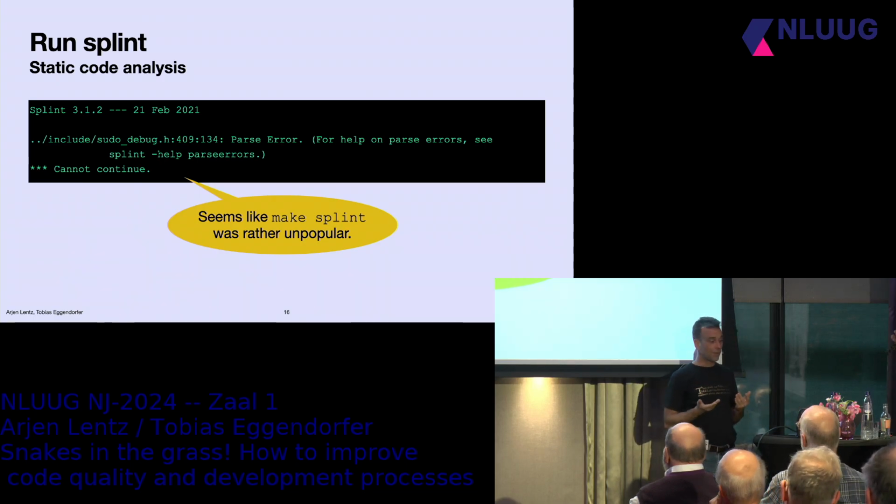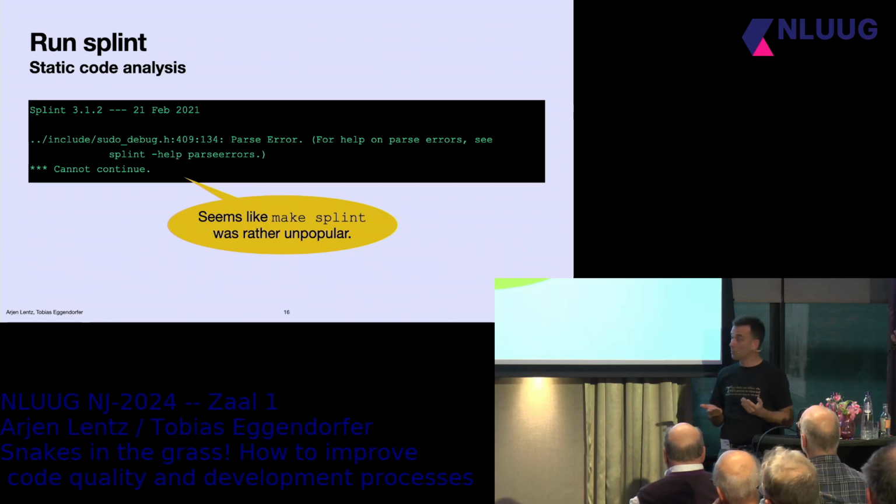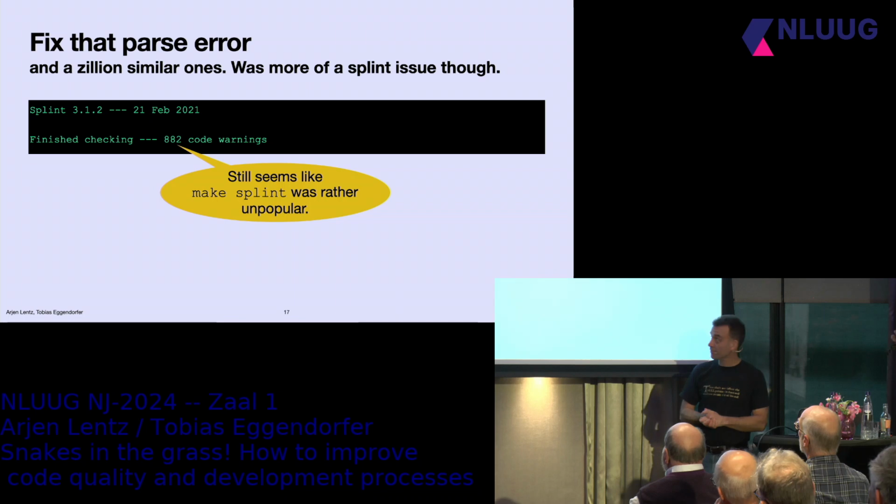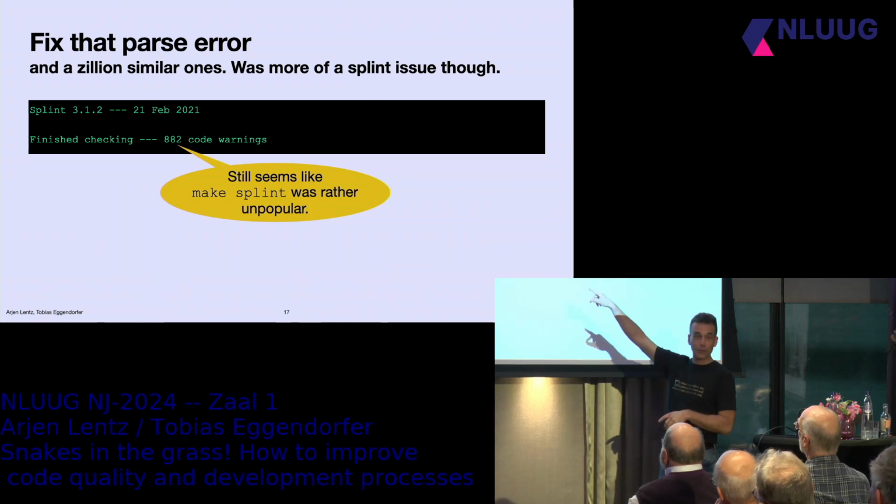But that's not exactly what I expect if I've got a splint target. A splint target is useful. It's got a reason why it's there. It's because we are humans. But it seems like Coverity has taken over. So we fixed it. I removed a few lines.